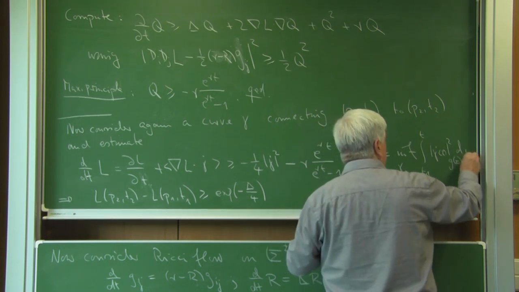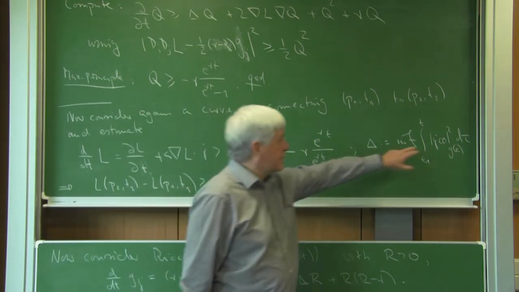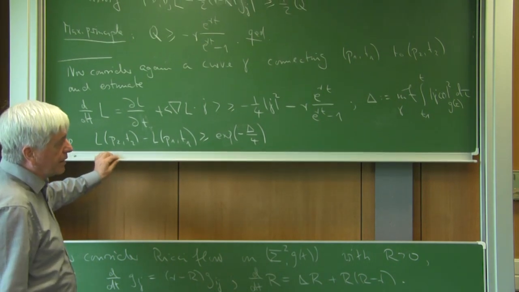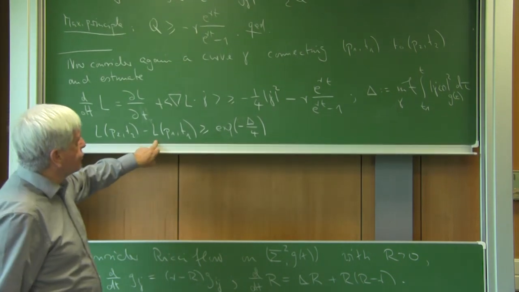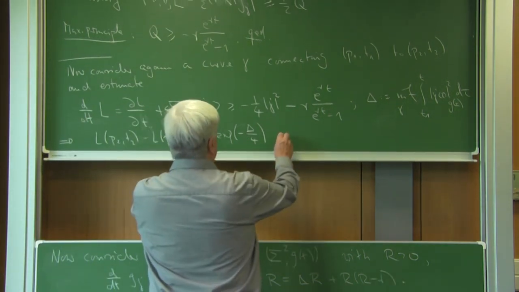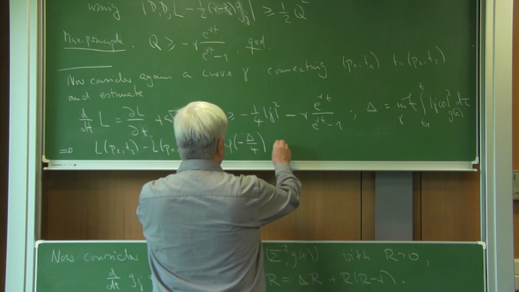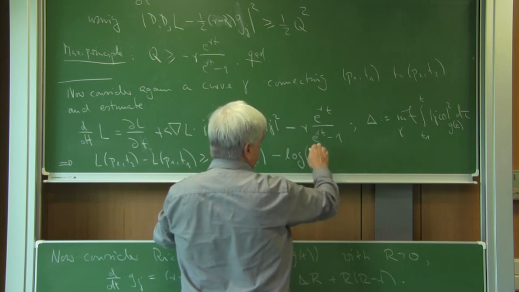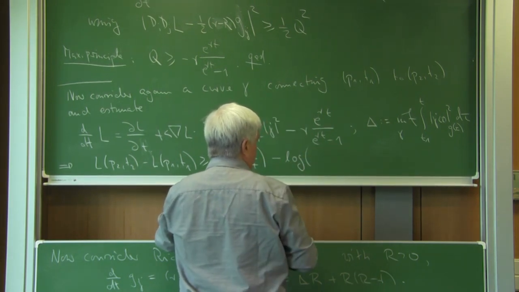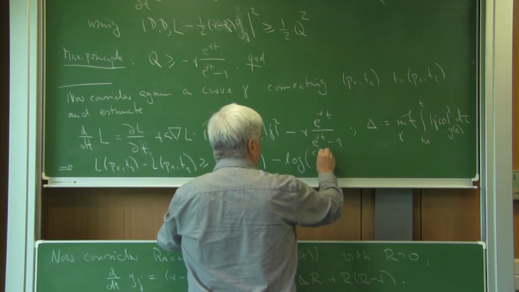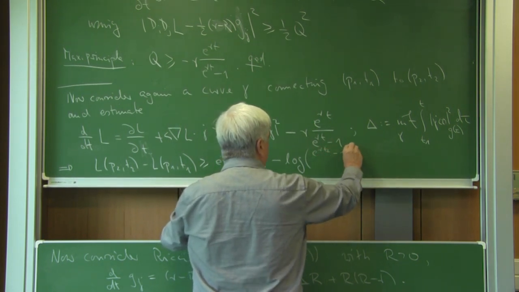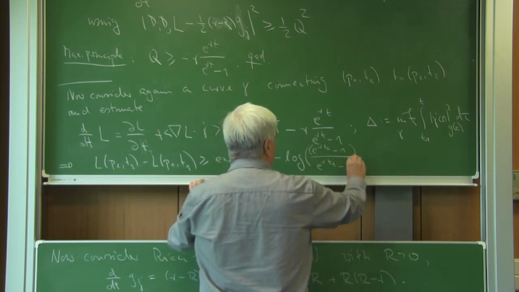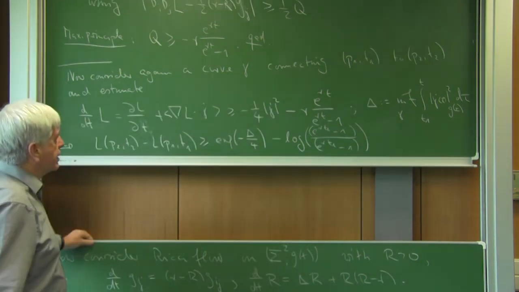The metric is now changing in time, d tau. So I have this more complicated distance function between these two events, and from here this just gives minus the logarithm of this denominator at the later time, minus 1, divided by e to the r at the earlier time, minus 1.